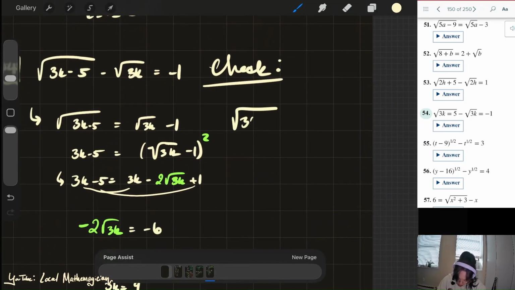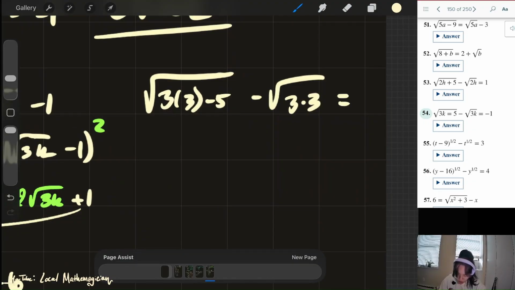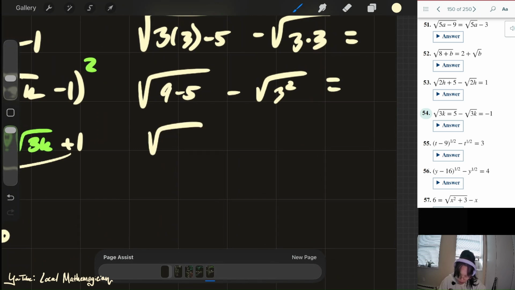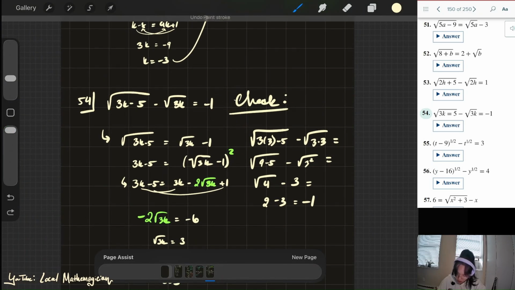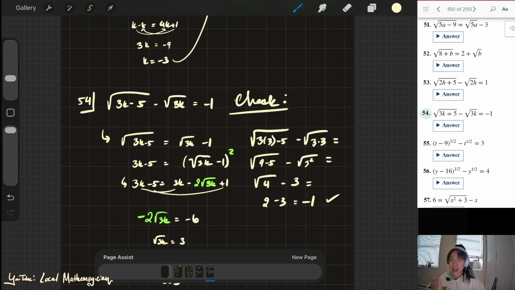Root 3 times 3 minus 5 minus root 3 times 3 is equal to 3 times 3 is 9 minus 5 minus root 3 squared, and that's going to equal 9 minus 5 is 4, root 4 minus 3, root of 3 squared is 3, right? Which is equal to 2 minus 3, which is negative 1, which is exactly what we wanted. That's it. That's how you solve radical equations.